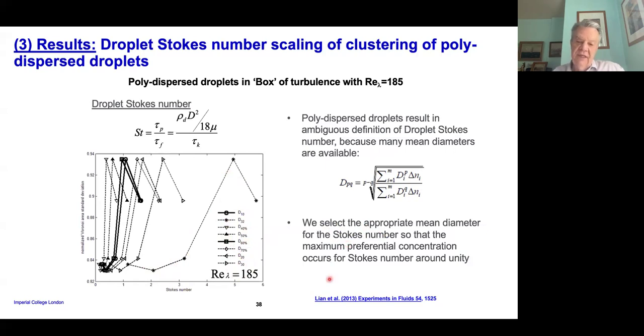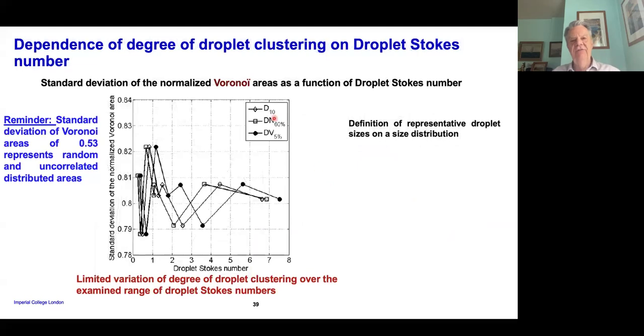The values that seem to work better are an arithmetic mean diameter, or a 60% number-based mean diameter, or a 5% volume mean diameter.